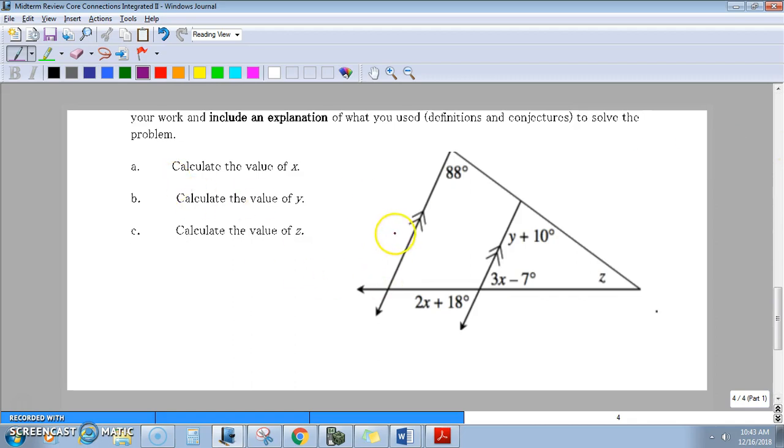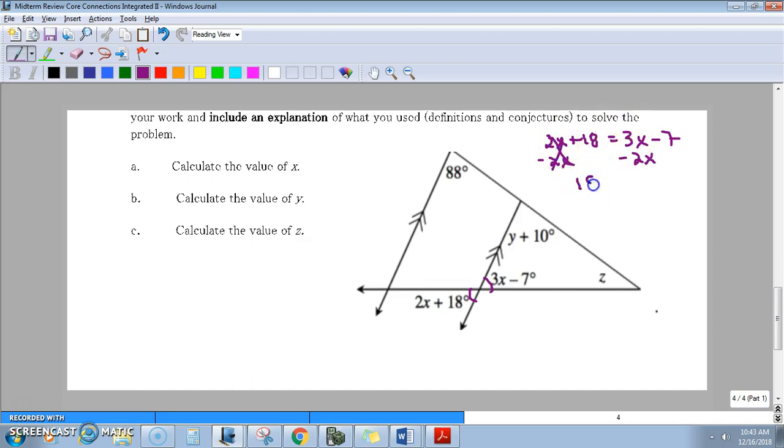So calculate the value of x. I have an x here and an x here, and I know those are vertical angles, so they must be equal to each other. So we need to set up an equation and then solve that equation. I have 2x plus 18 equals 3x minus 7. I'm going to get my x's on the same side, so I'm going to subtract 2x from both sides so that I don't have a negative number.